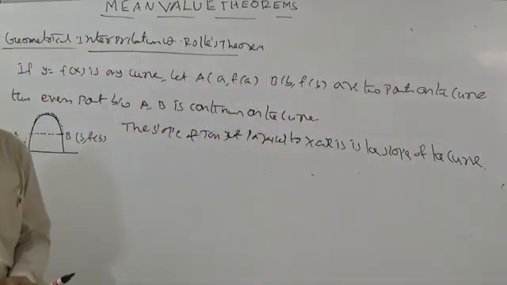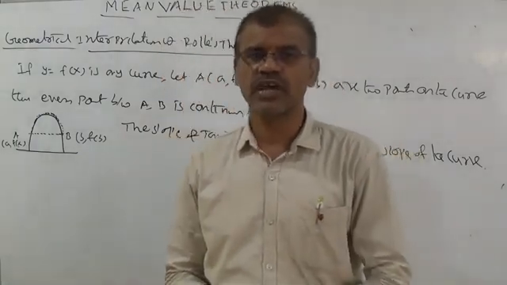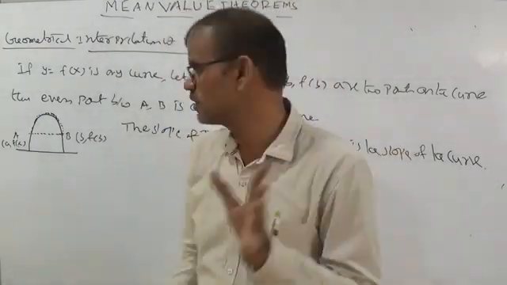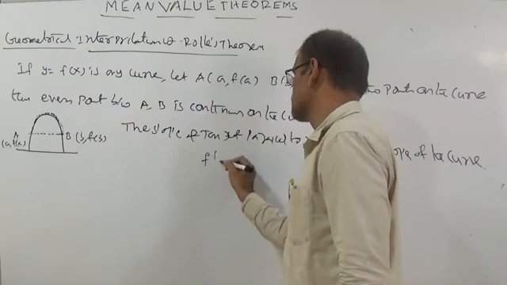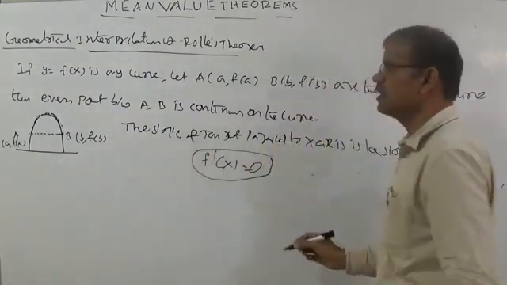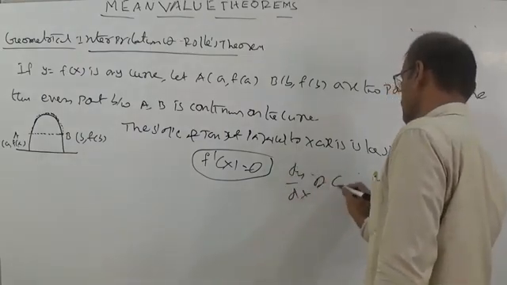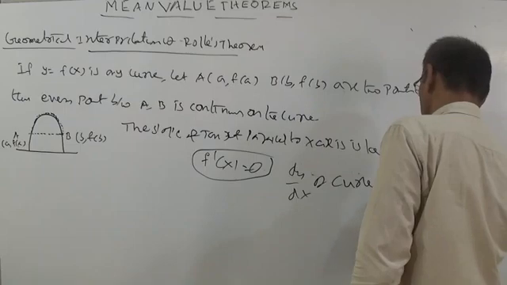Sir, why are you saying parallel to x-axis? Every student knows that the slope of the x-axis is 0. So f dash x, as I said previously, is equal to 0. So dy by dx of the curve, the slope of the curve, is equal to 0.